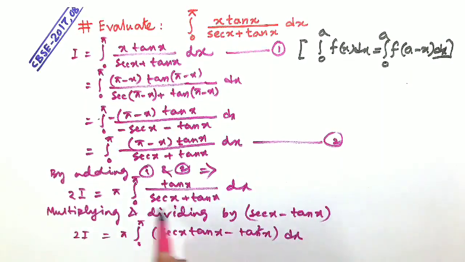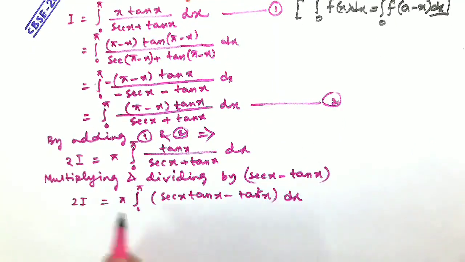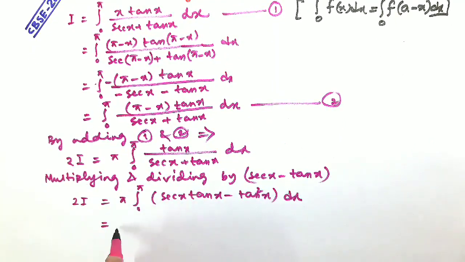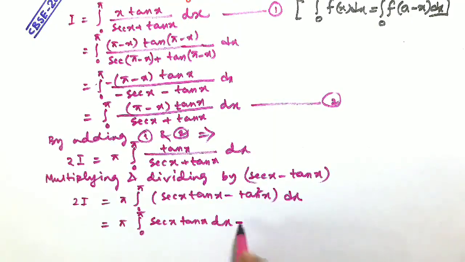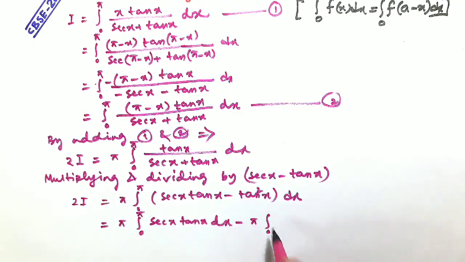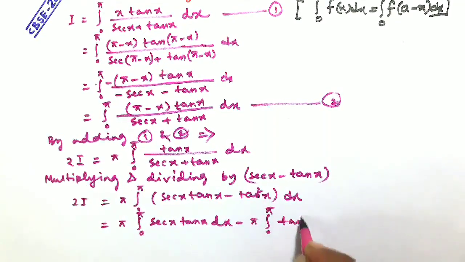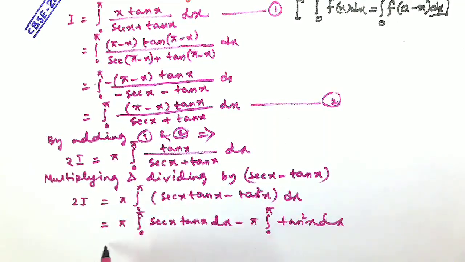Because the denominator will now be sec square x minus tan square x, and sec square x minus tan square x is equal to 1, and the numerator is sec x tan x minus tan square x dx. So friends, we are getting 2I is equal to pi into integration 0 to pi sec x tan x dx minus pi into integration 0 to pi tan square x dx.